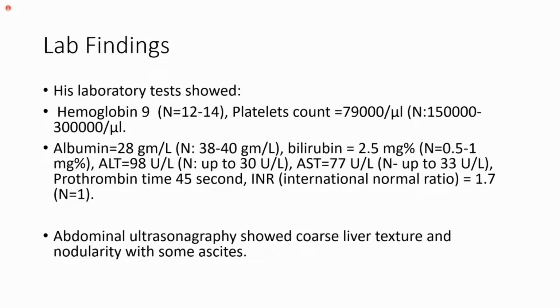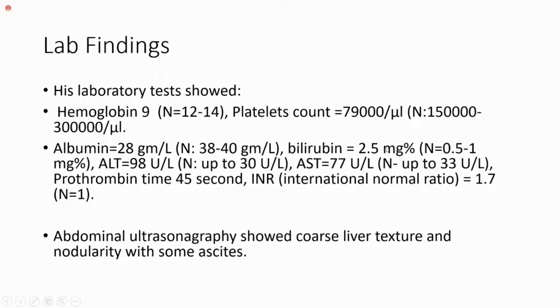His lab tests showed hemoglobin is low at 9, while the normal is between 12 and 14, so he has anemia. Platelet count is 79,000, normally from 150,000 to 300,000. That is why the platelets are also low. He has what we call thrombocytopenia when the platelets are low. Albumin is 28 grams, also low, so he has hypoalbuminemia.